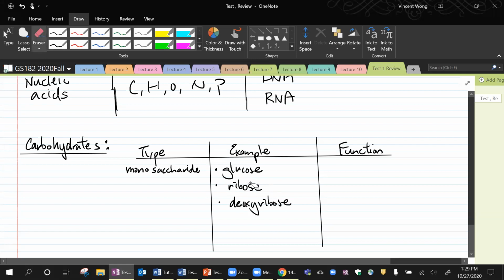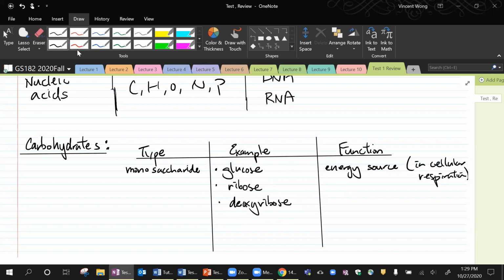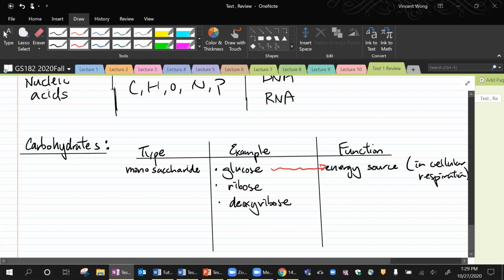Okay, so glucose, fructose, galactose, ribose, deoxyribose. And the function of these things would be energy source, right? Energy source, right? So in cellular respiration, I'm trying to link the units together for you, right? Cellular respiration, and that is basically what the glucose is for.